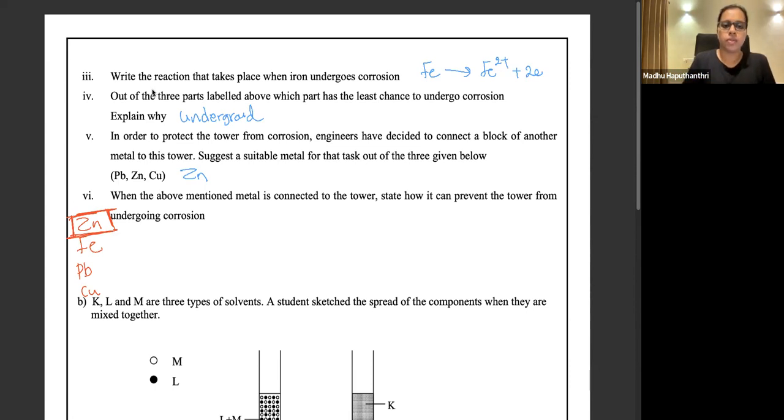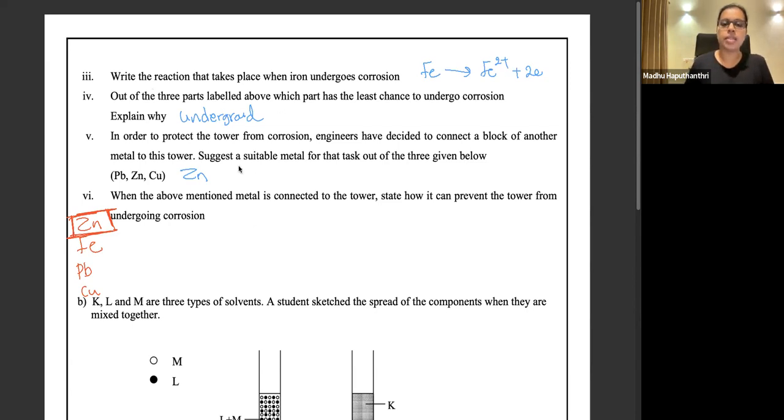6.1. When the above mentioned metal is connected to the tower, state how it can prevent the tower from undergoing corrosion. Simply, we can say that metal will undergo oxidation in place of iron.